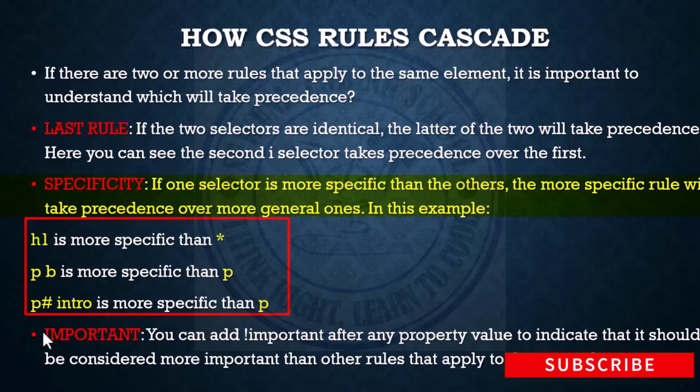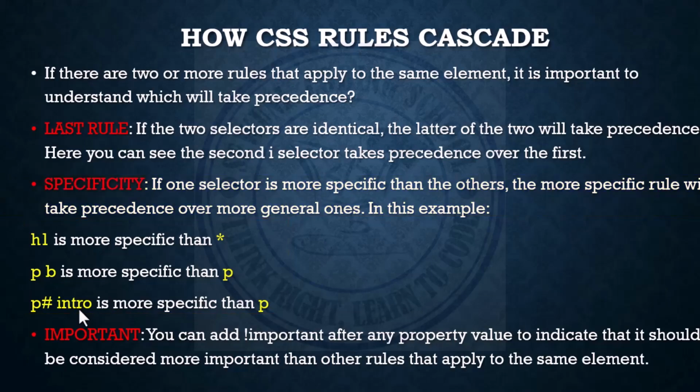An ID. Okay, an ID. So P#intro is more specific than a P, just like in the case here. This is more specific than this, but this one is going directly to a particular paragraph and selects a particular ID element and applies to it.